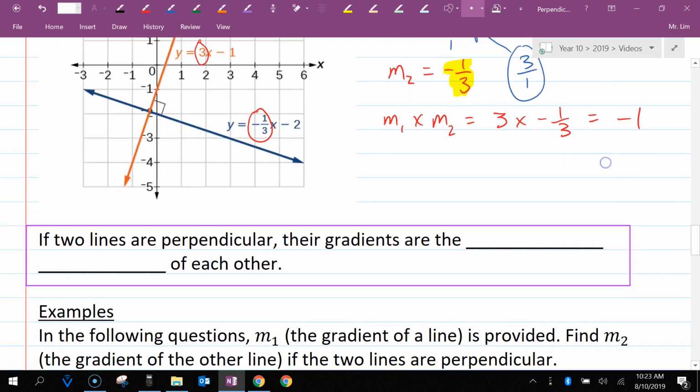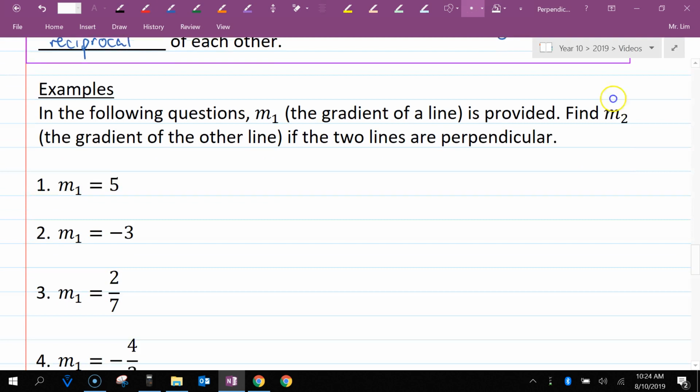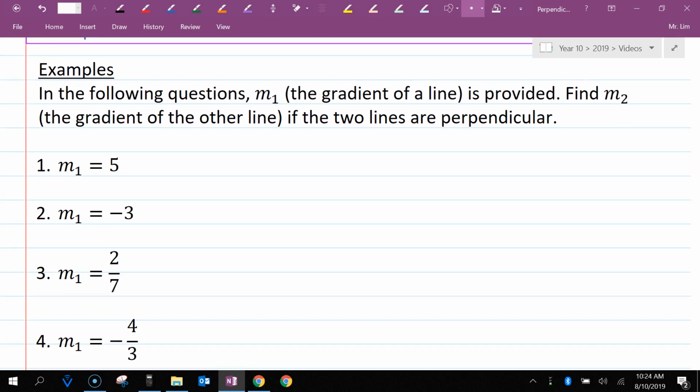So if two lines are perpendicular, the gradients are the negative reciprocal of each other. What that means is we just flip them and change the sign. Okay, flip them and change the sign. So for these examples, in the following questions, m1, the gradient of the line, is provided.